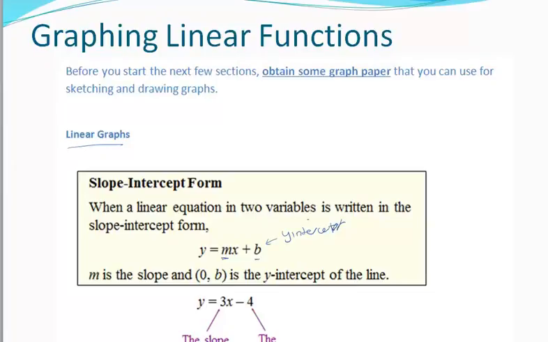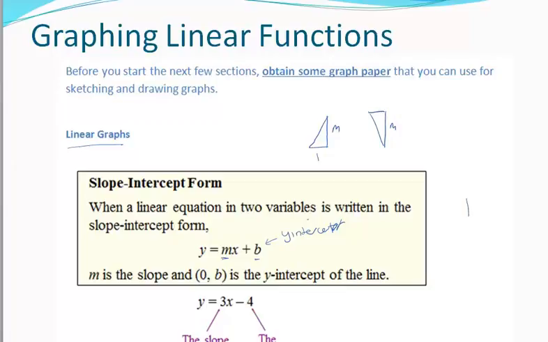By slope we mean for every 1 in x we go up by whatever our m is in y, or conversely for every 1 in x we go down by our m in y. So here y is equal to 3x minus 4.